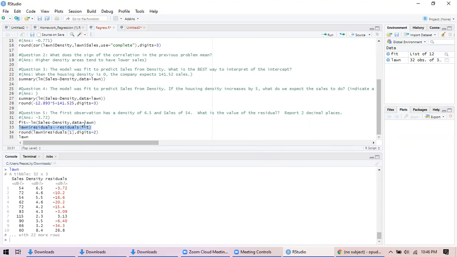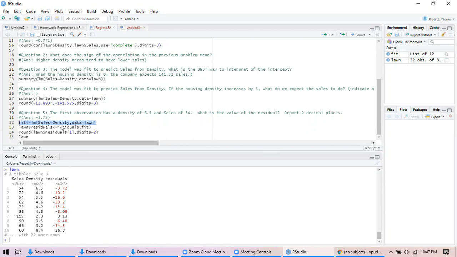So you got this one from line 32. What I did there is I did a linear regression first on line 32. In order to do a residual, you need to do a linear regression first. That's just how you do it.